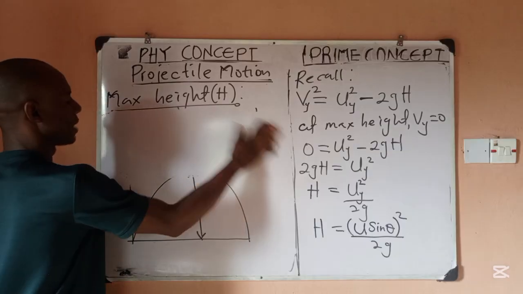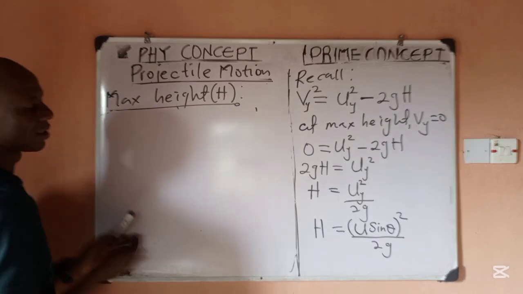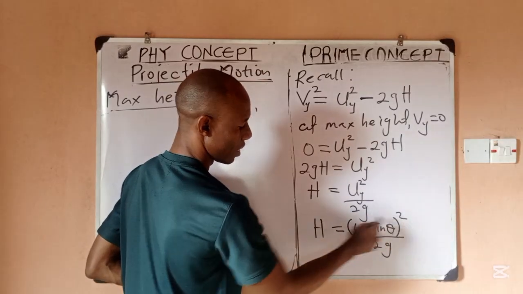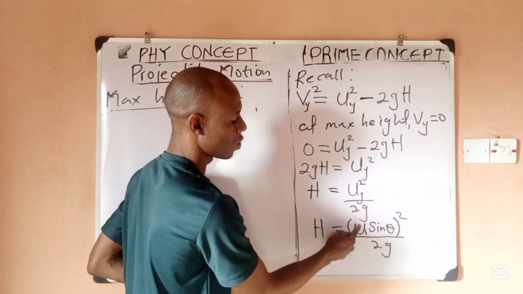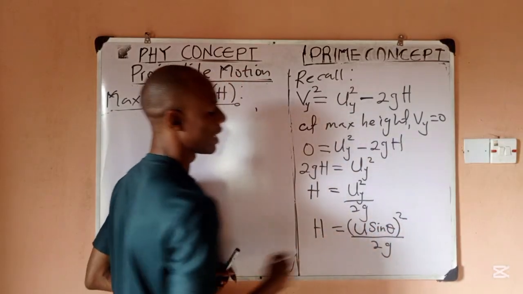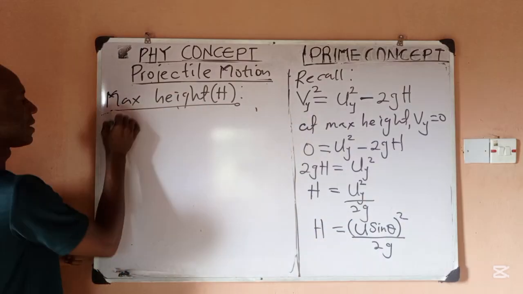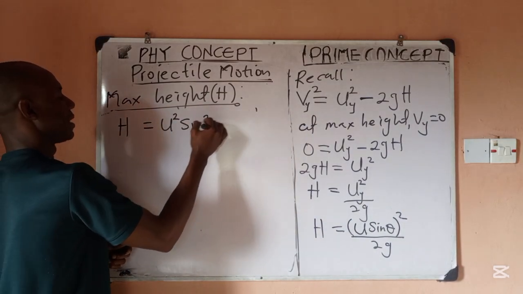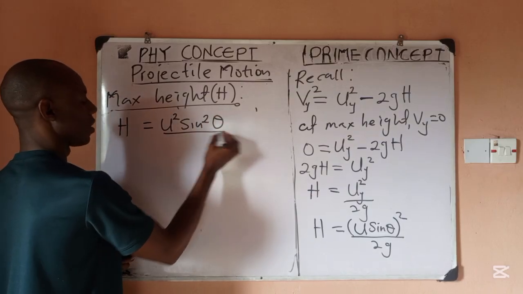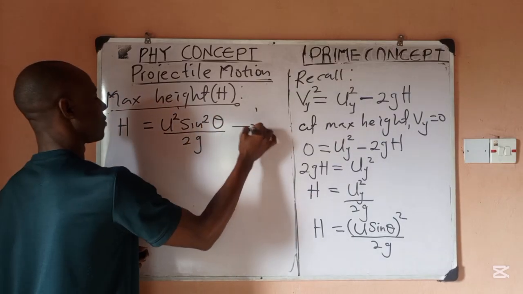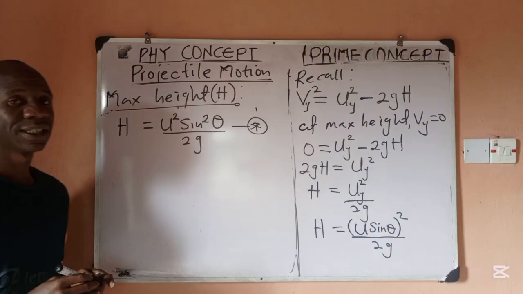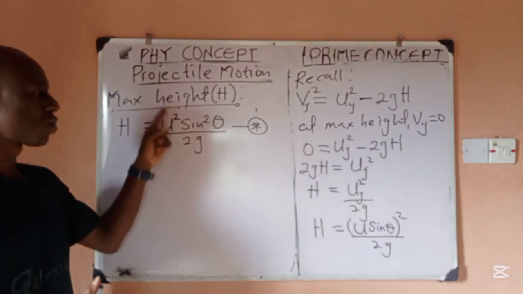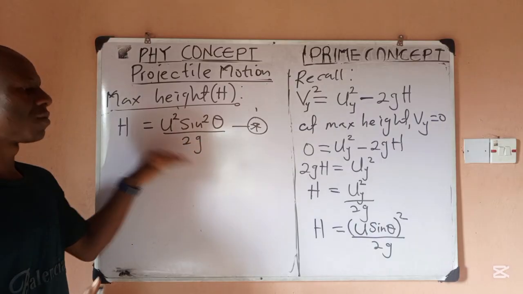If you expand it to write it in a more mathematical form, you notice that this square would affect u to have u squared, and this square would affect sine to give you sine squared. So I can say that h is equal to u squared sine squared theta over 2g. So this is the formula we use in calculating maximum height: H equals u squared sine squared theta over 2g.